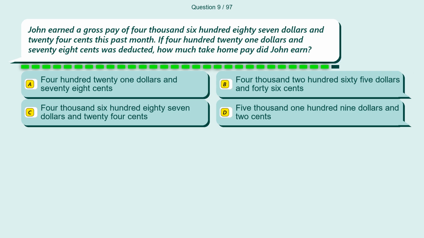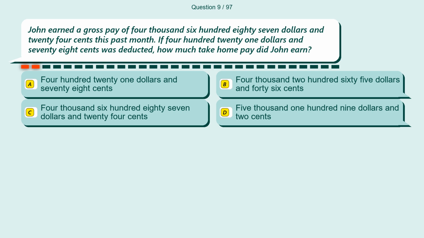Question 9. John earned a gross pay of $4,687.24 this past month. If $421.78 was deducted, how much take-home pay did John earn? Option A, $421.78. Option B, $4,265.46. Option C, $4,687.24.